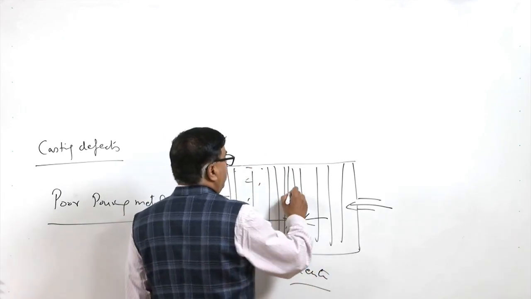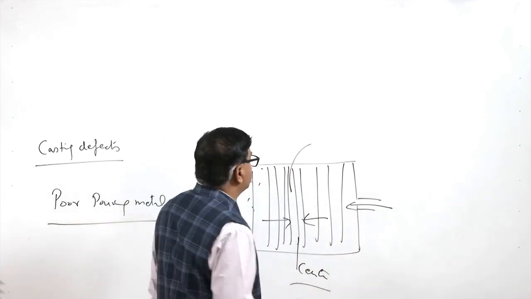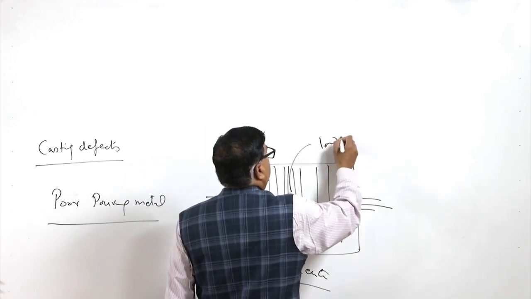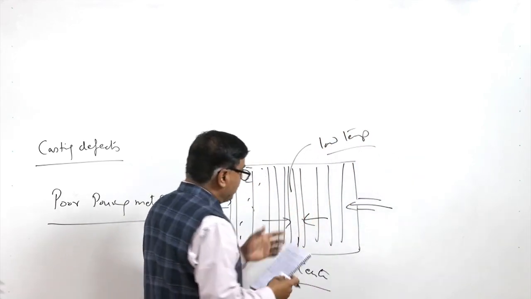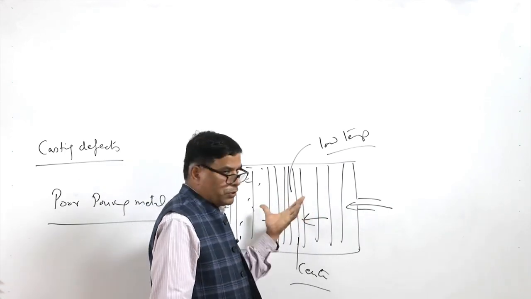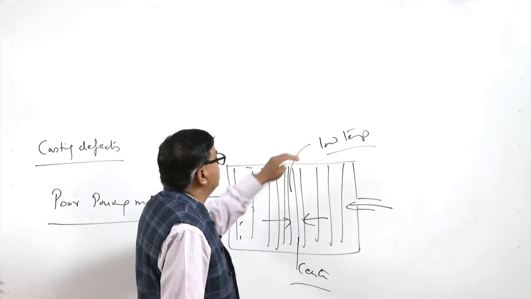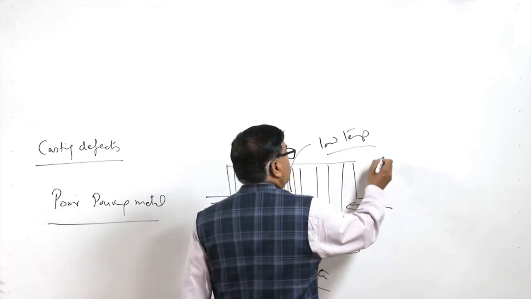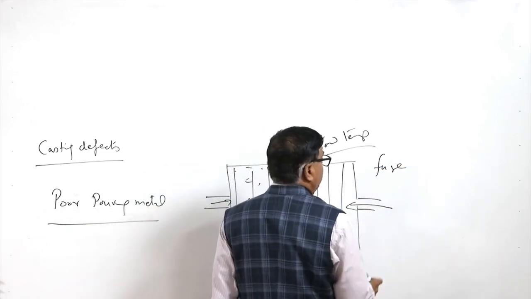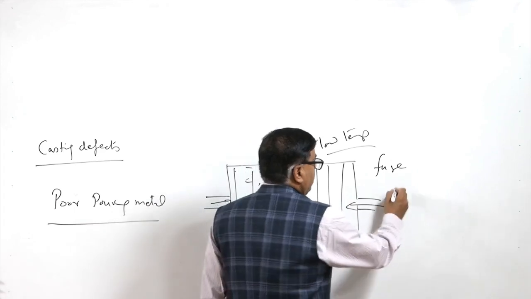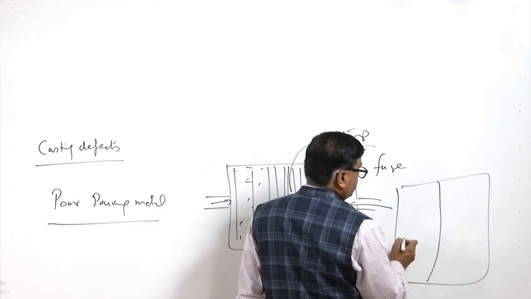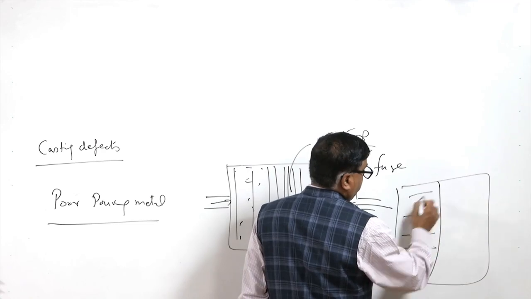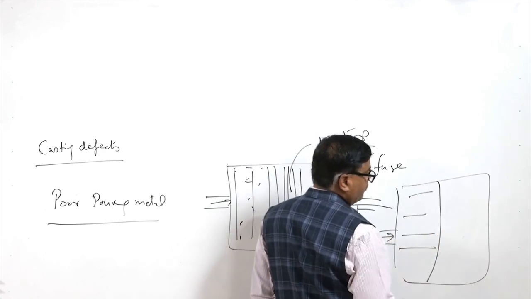So, by the time when they meet each other, if the temperature is reduced significantly, they do not fuse effectively, and in that case, even after the solidification, they have met at this line. So, this is the zone which is filled by the molten metal from one side.